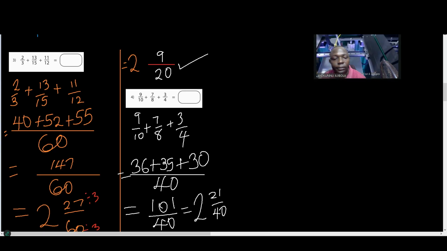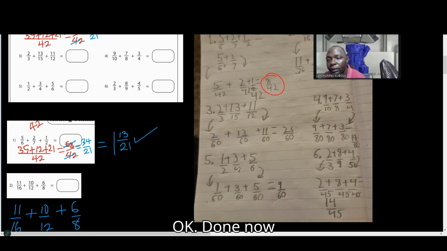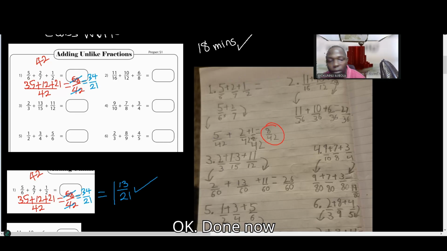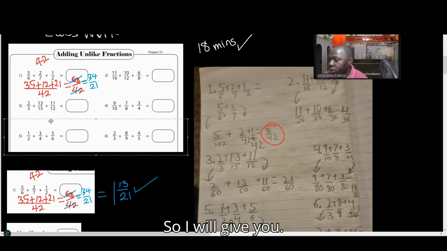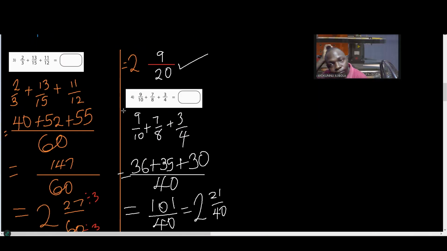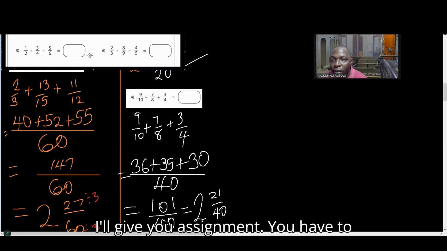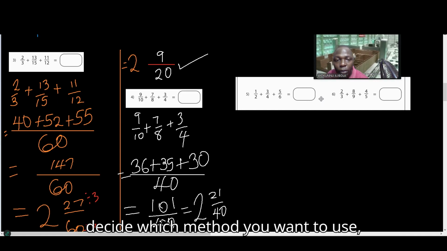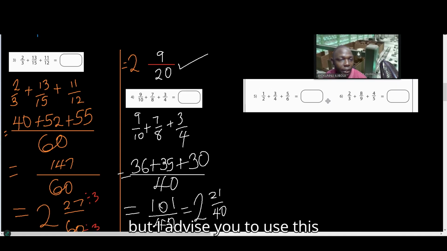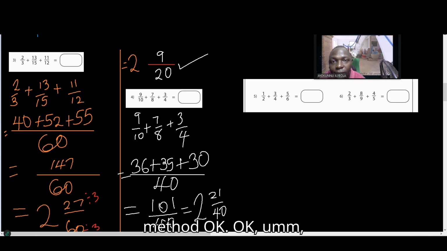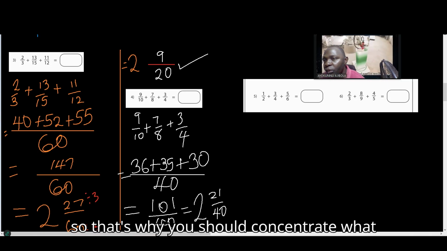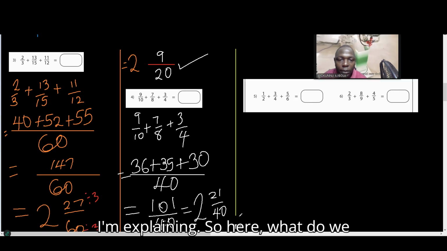Okay? Now 2 questions remain to go. So I'll give you an assignment. You have to decide which method you want to use, but I advise you to use this method. That's why you should concentrate while I'm explaining.